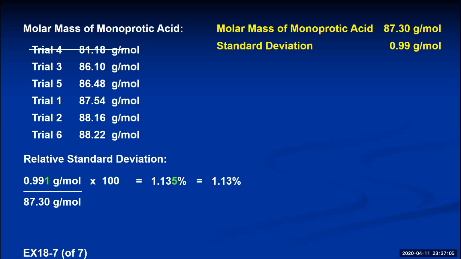So what this means is your standard deviation is 1.13% of the molar mass, and that's just another way to represent standard deviation. I'm going to calculate the molar mass as 87.30, and every time somebody does this in lab, we would imagine that 68.2% of the time, they're going to be within 1.13% of that. So these will be the statistical values that you're going to calculate for your experiment 19.